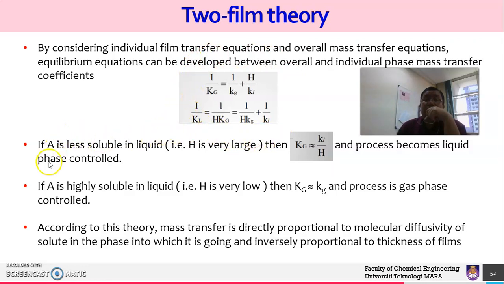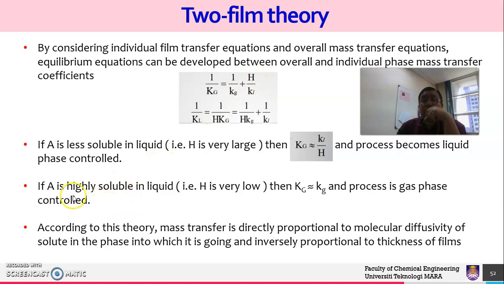Okay, if A is less soluble in liquid, H is very large, so of course the equation will be governed by this part, and this can be omitted. So the process becomes liquid phase control, because we have KL and H is very big.